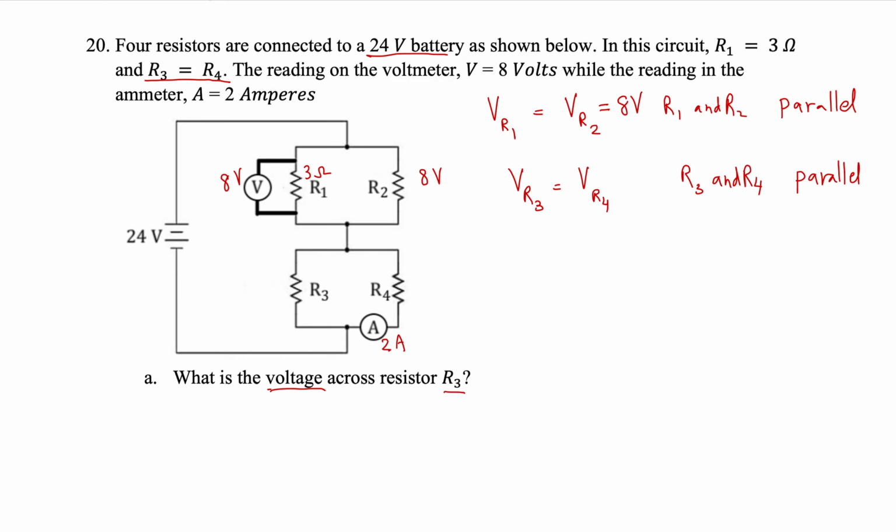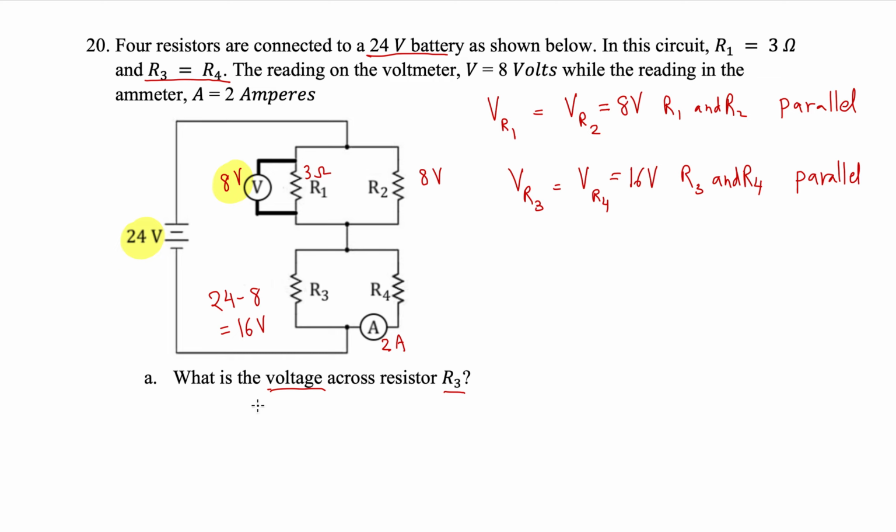Now the total battery voltage is 24 volts, out of which 8 volts is going to the first set of resistors, which is R1 and R2, and the remaining, 24 minus 8, which is 16 volts, will go to R3 and R4. So R3 will also get 16 volts and R4 will also get 16 volts, because they are connected in parallel.